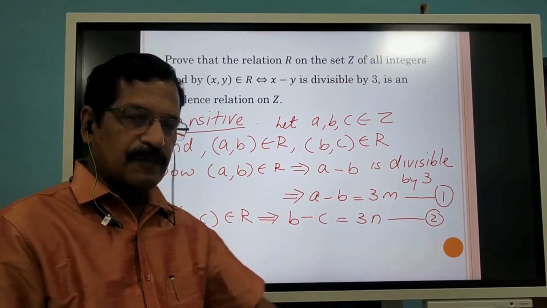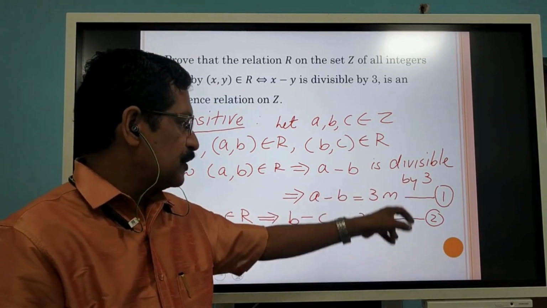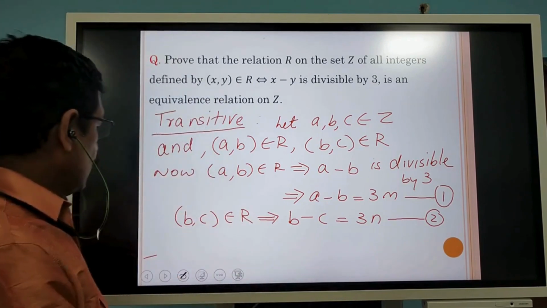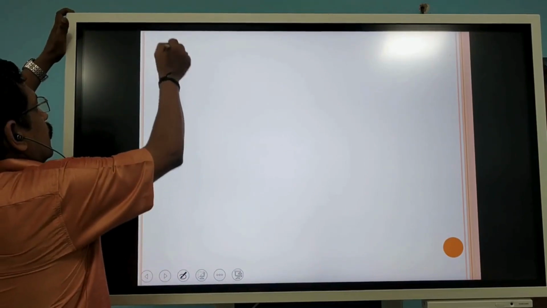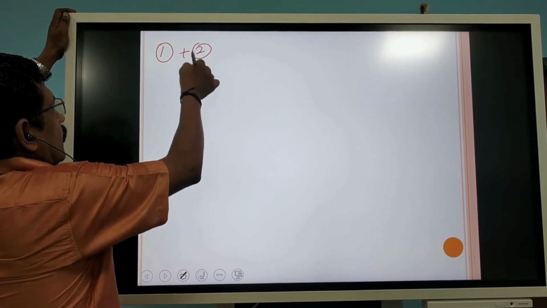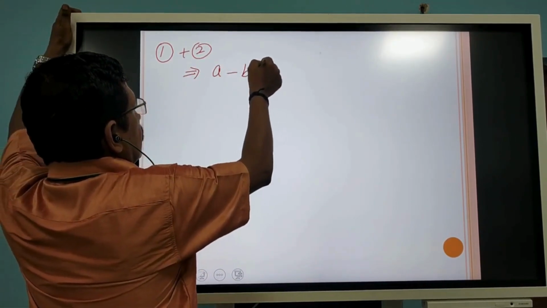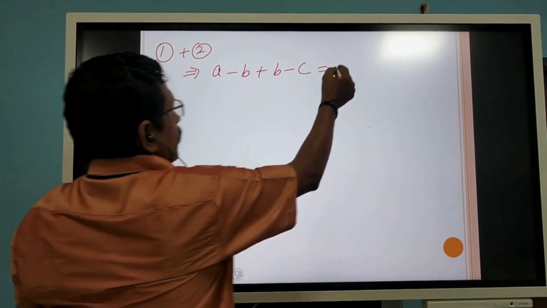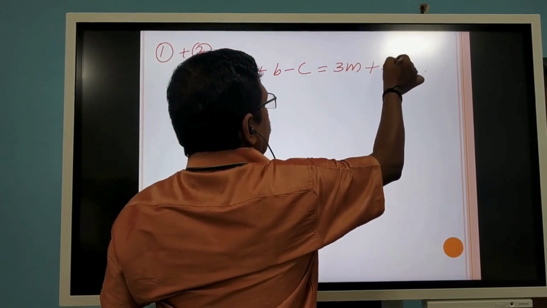So it is equal to some 3n for some other integer n. So we are having two equations here, 1 and 2. We just add 1 and 2. 1 plus 2 gives a minus b plus b minus c, and that is equal to 3m plus 3n.